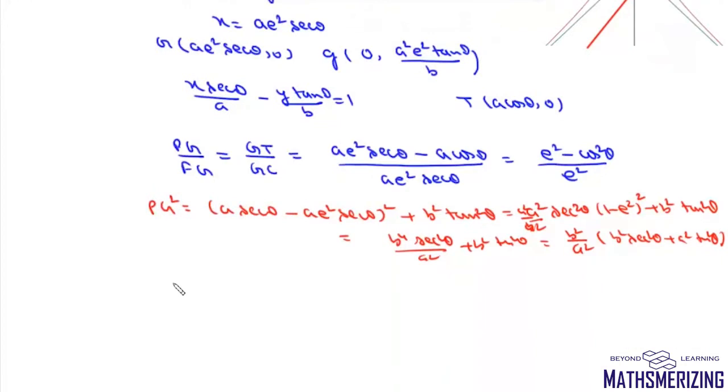So from here we'll write this PG as B upon A under root of B square secant square theta plus A square tan square theta.